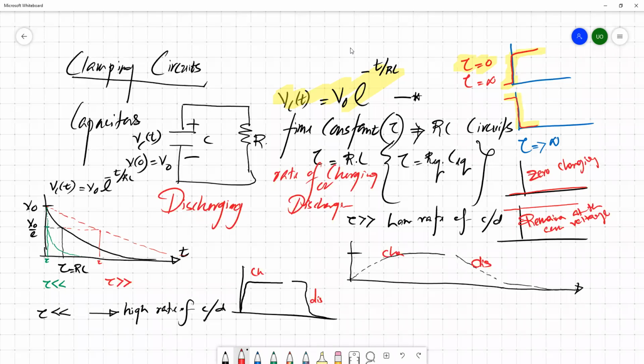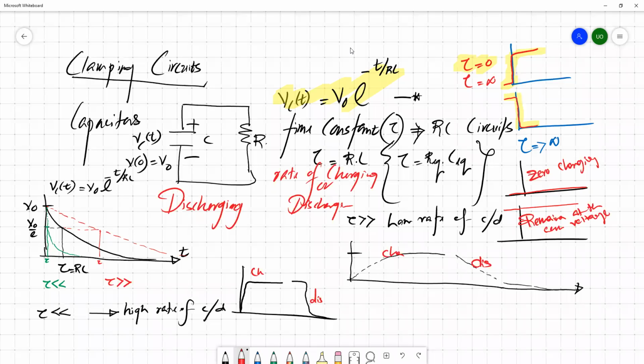If that capacitor is at 0 voltage, it simply stays at 0 voltage. If you charge it to 5 volts and connect it to a high resistor, we can argue that this RC product is very high, so the time constant is high. Then the capacitor needs a very long time to discharge.